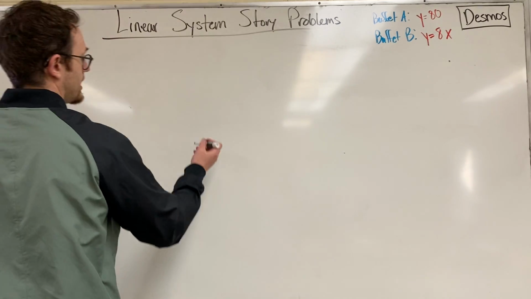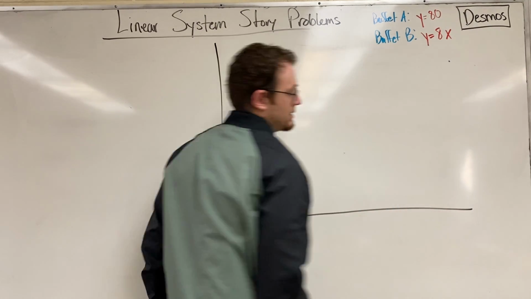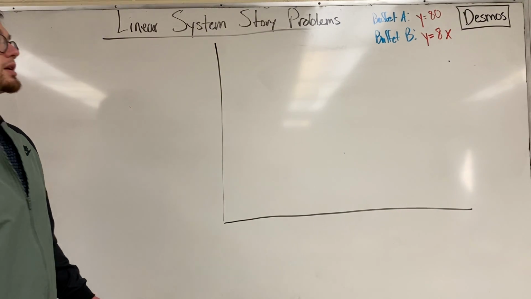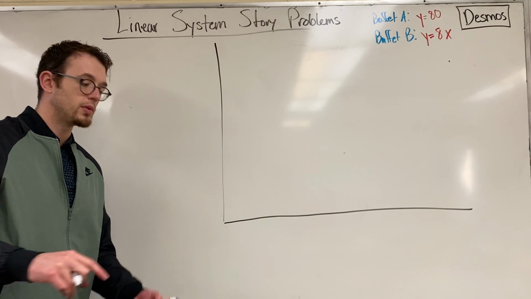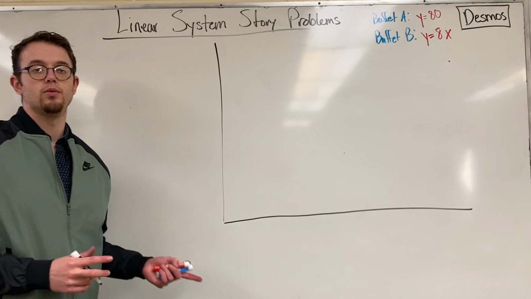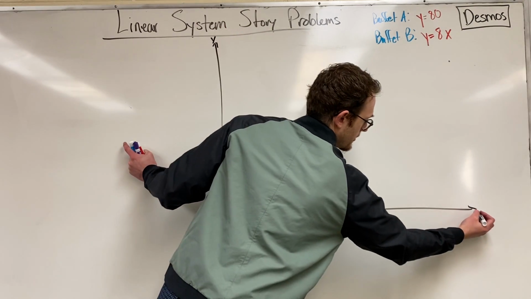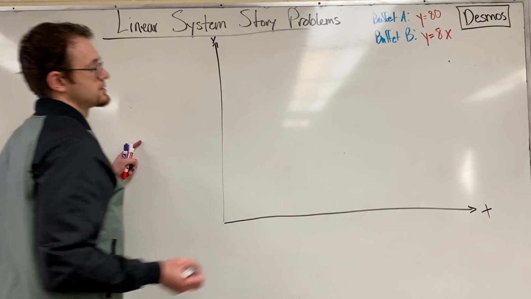So if you're going to graph this by hand, something else we already talked about: when we're doing story problems, we do not use the second, third, and fourth quadrants, it's just quadrant 1. So we have the y-axis and the x-axis.